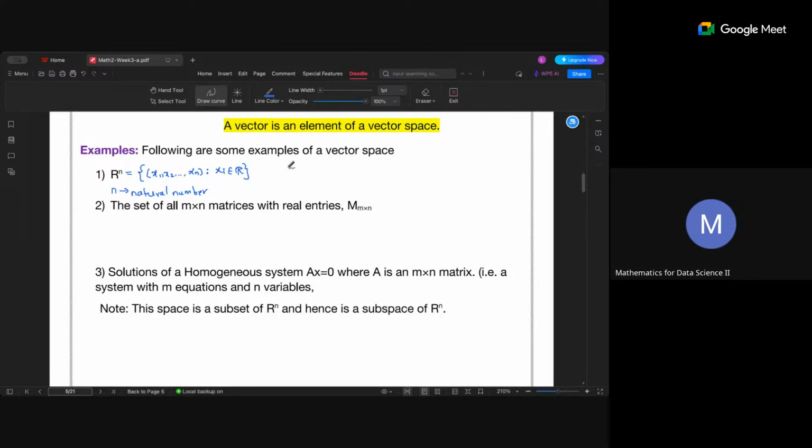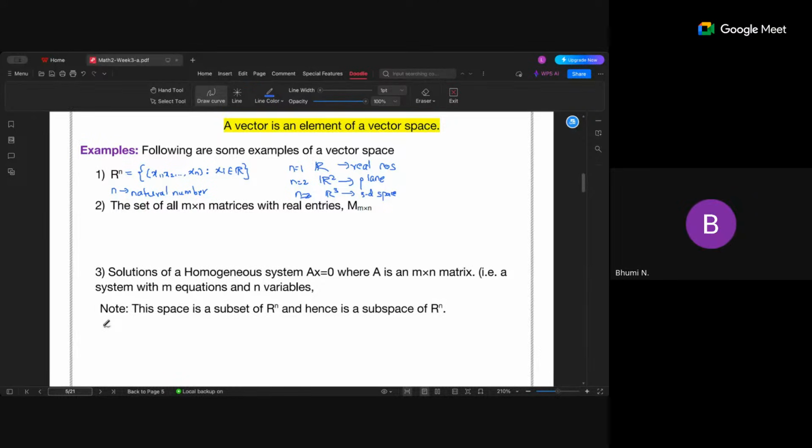When n is equal to 1, it is just R, the set of all real numbers. When n equals 2, it is the plane, the R2 plane. And when n equals 3, it is the 3D space. So only up to this we can visualize. After 3D, we cannot visualize. We can only write in set.